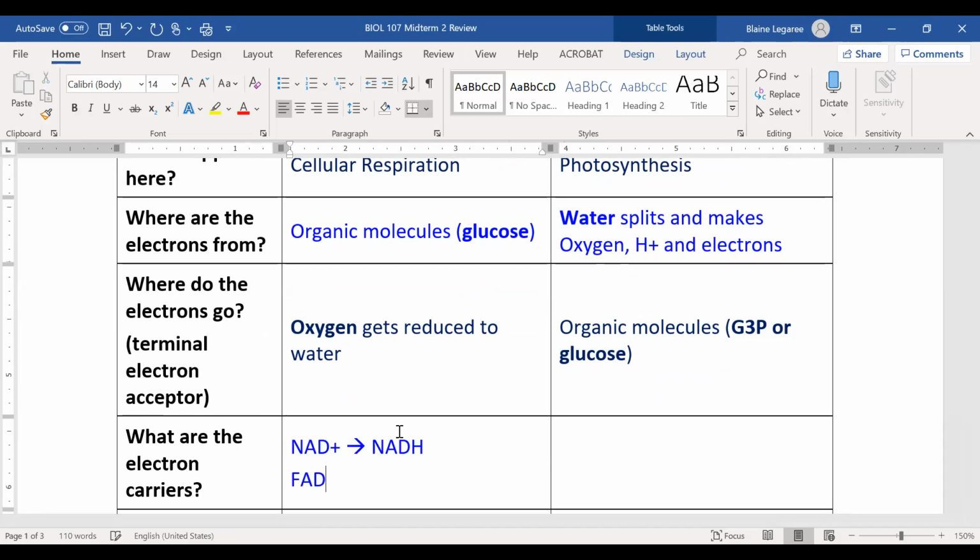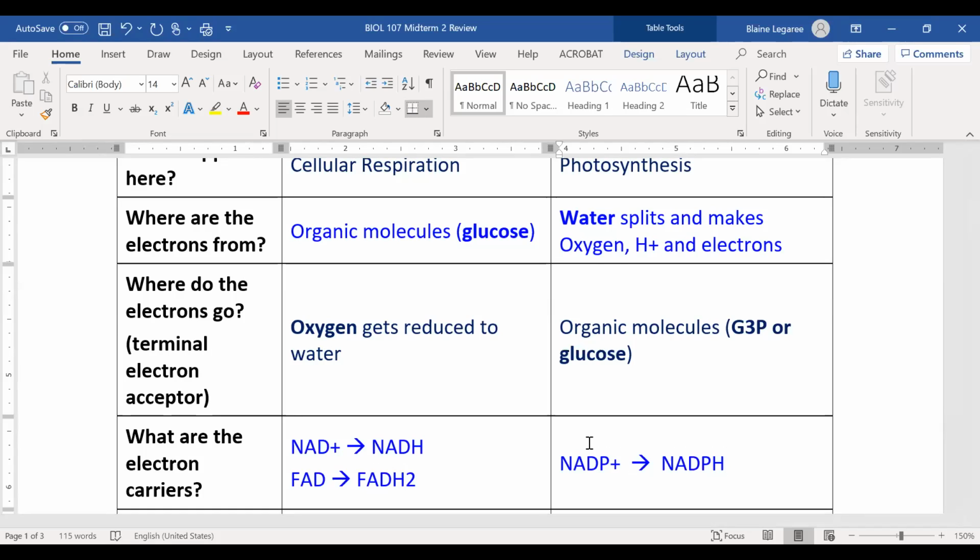We also had FAD, and FAD gets converted to FADH2. So what about photosynthesis? We did not have NAD plus, we had NADP plus, and that is converted to NADPH. If you do more biochemistry classes, you may see other electron carriers. There are a few out there, but these are the most common ones that you'll see.